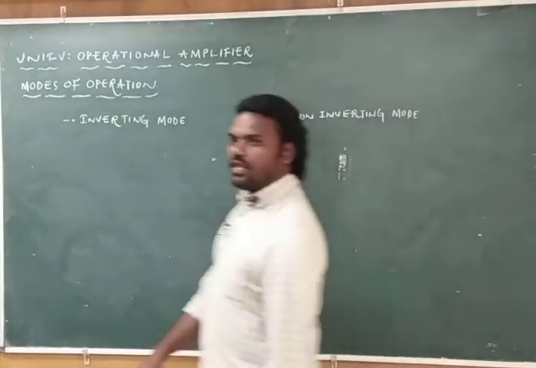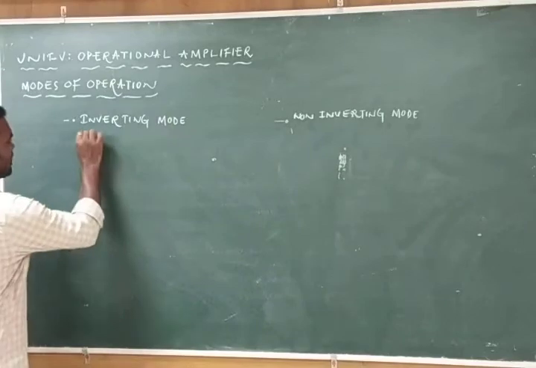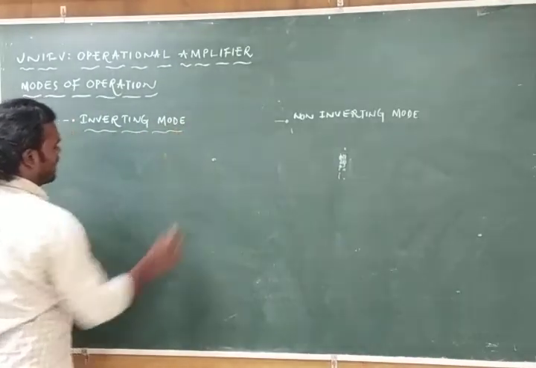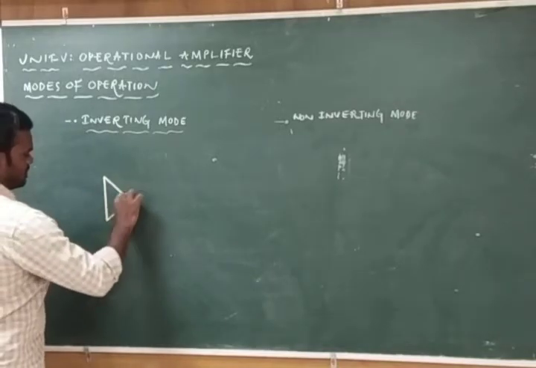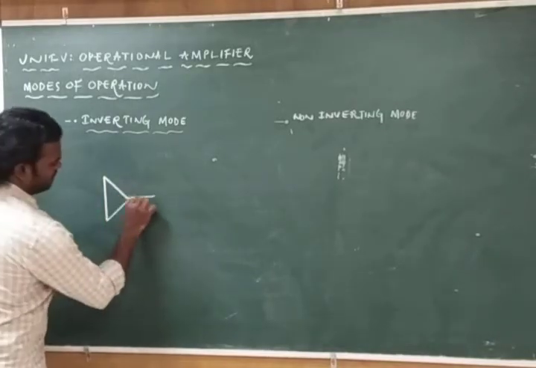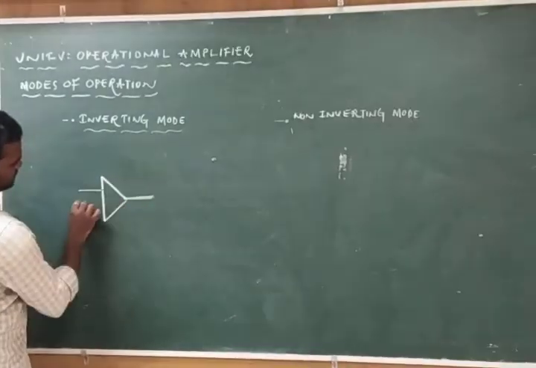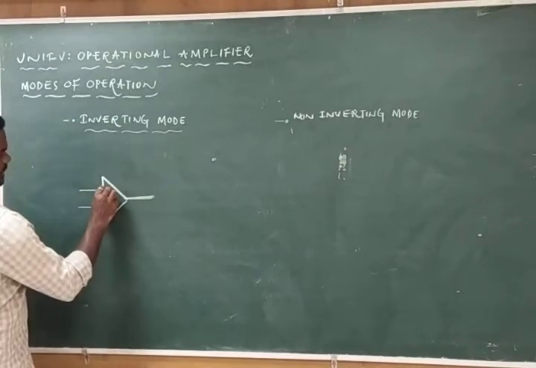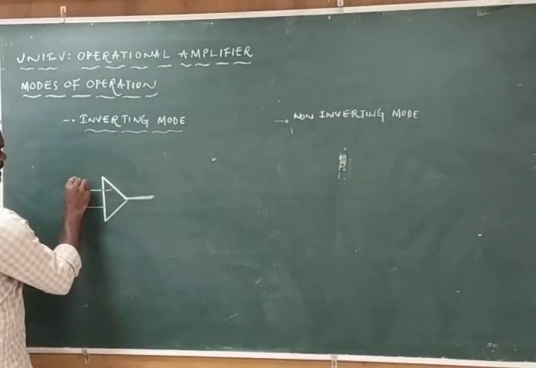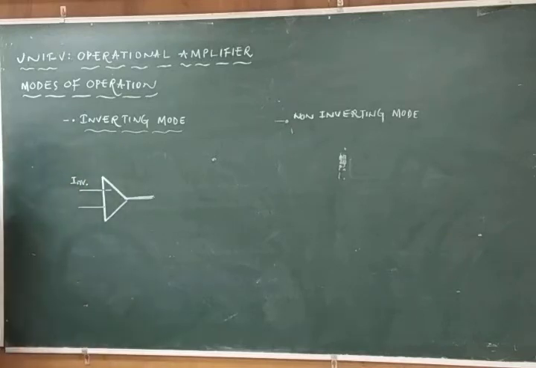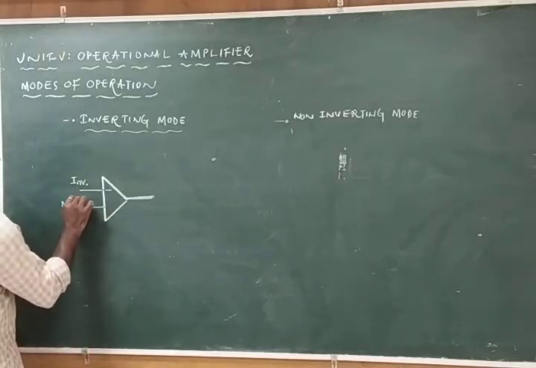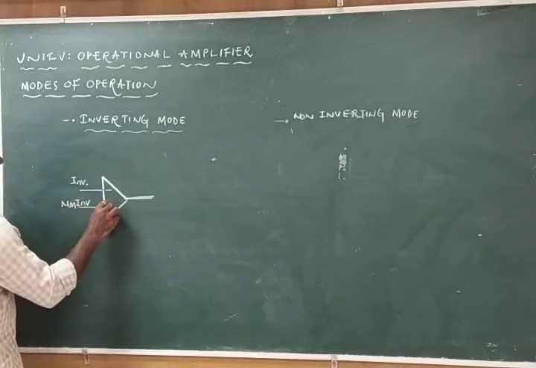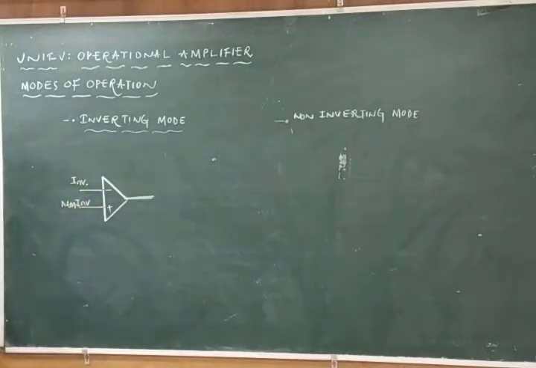Then I am going with the inverting mode of operation. I am drawing the symbol of the operational amplifier. An operational amplifier has two inputs. This is the inverting terminal, INV, and this one is the non-inverting terminal, represented with plus.